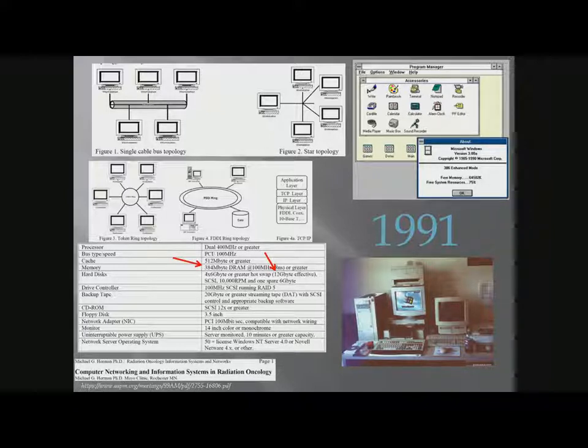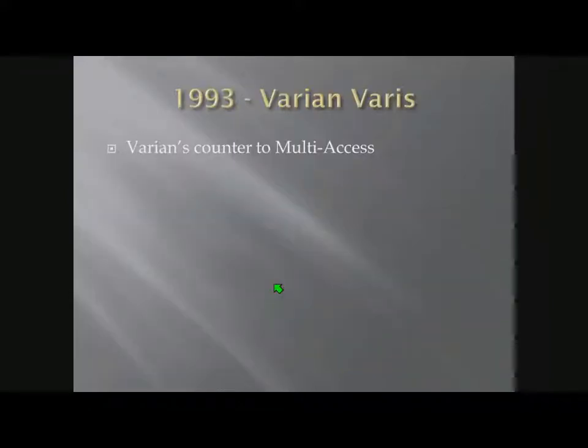I found a paper by Mike Herman characterizing server characteristics. We could have megabytes of RAM at that point, and if we had a really powerful server, we might have gigabytes of hard disk storage space. So a really different environment from today.